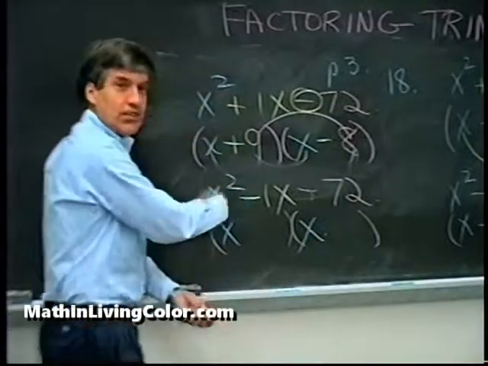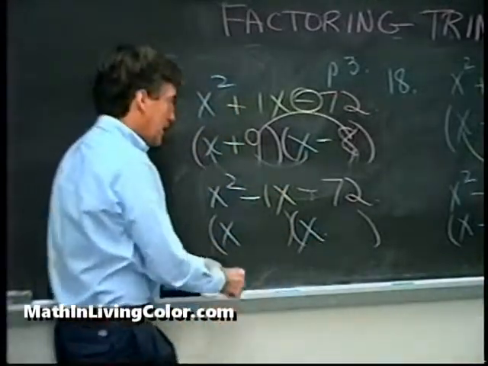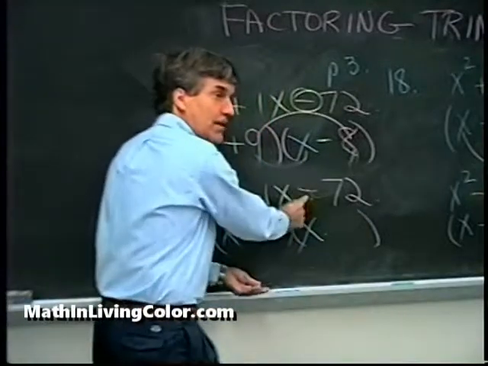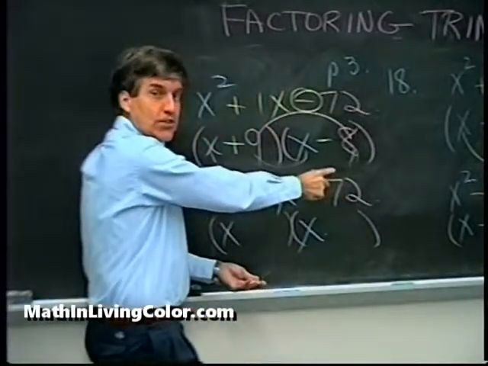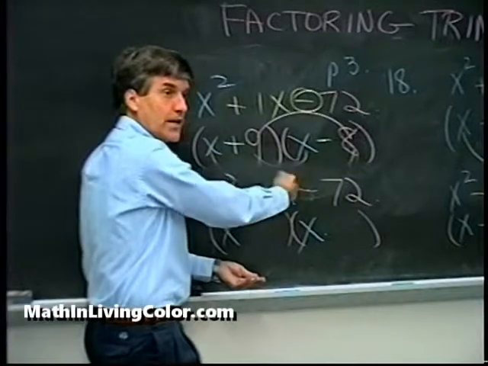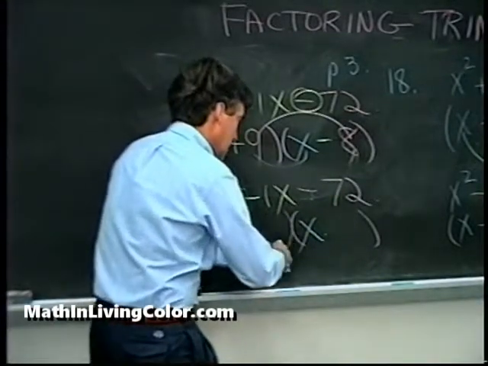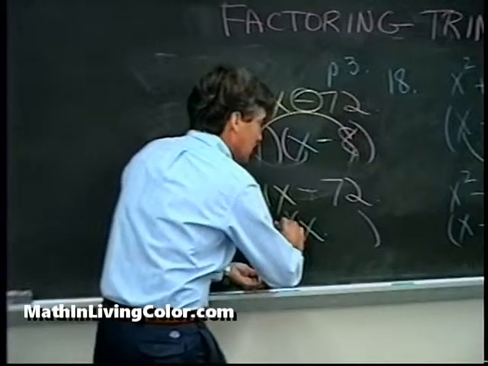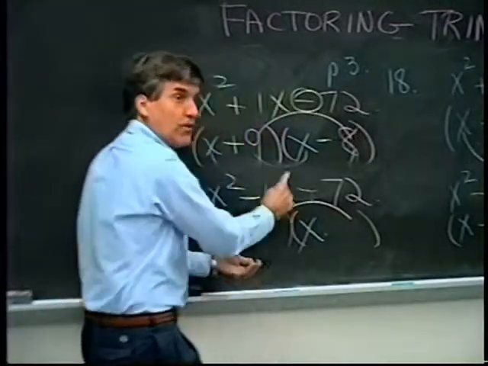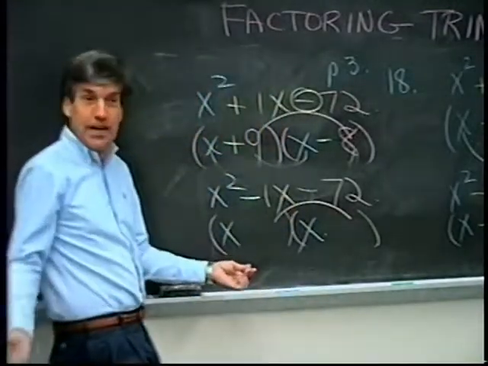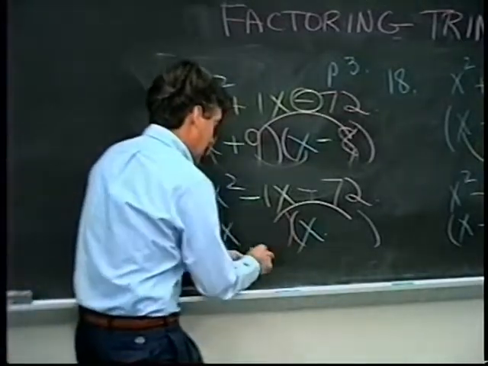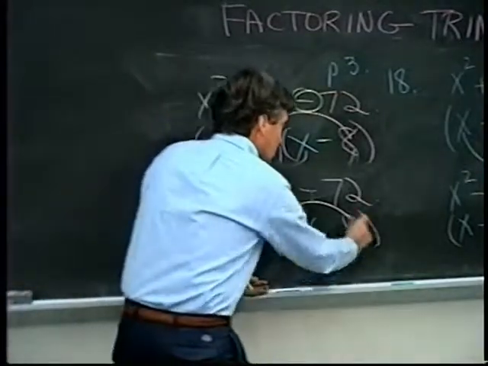Everybody gets the xx in a hurry. And I got to do the last times last. Now it's a negative 72. What does negative 72 tell you? Negative 72 tells you that it would be the opposite sign, doesn't it? The negative tells you opposite sign. So we'll go with what? 9, 8? Go with a 9, 8.